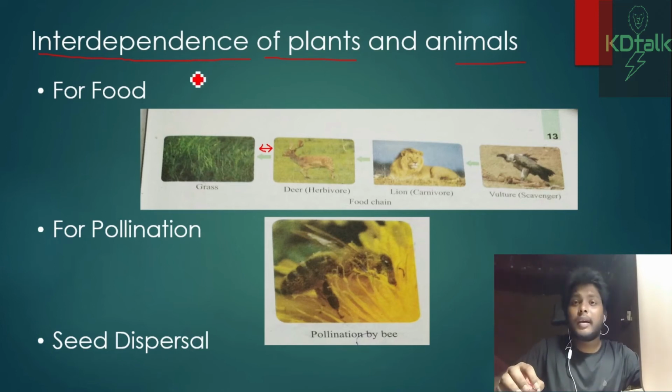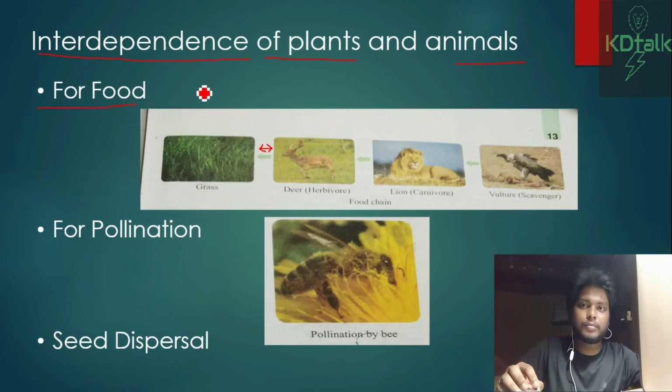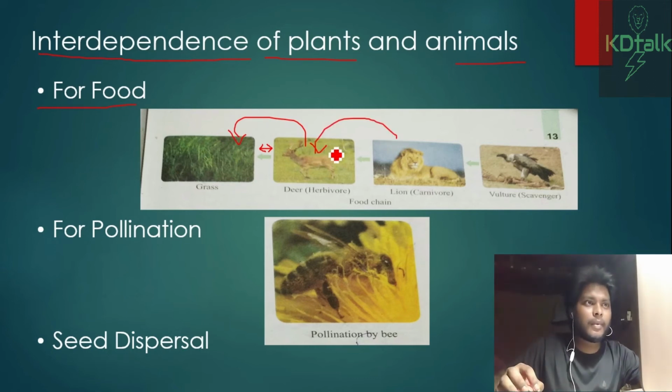How? Animals, for food, this is a factor for the interdependence of both plant and animal. It means herbivorous animals eat grass, and the carnivorous animals like lion and tiger eat herbivorous animals like deer.